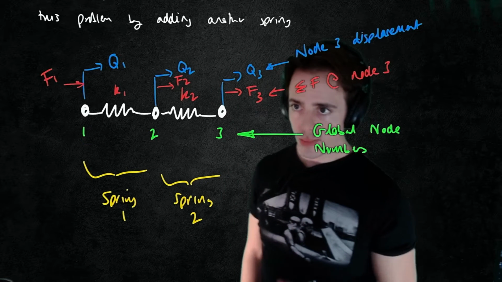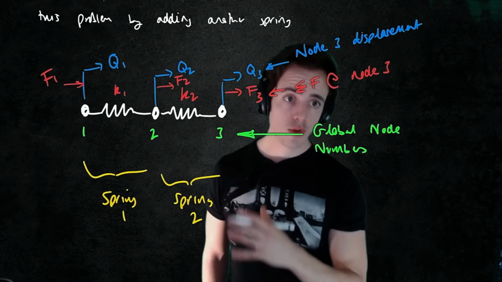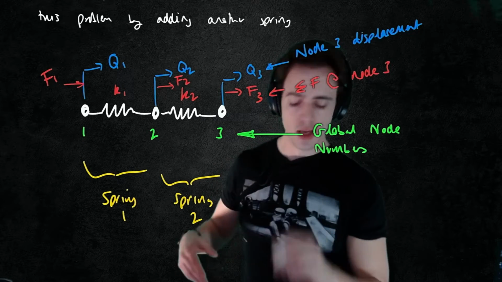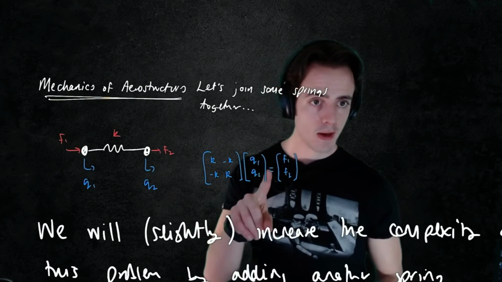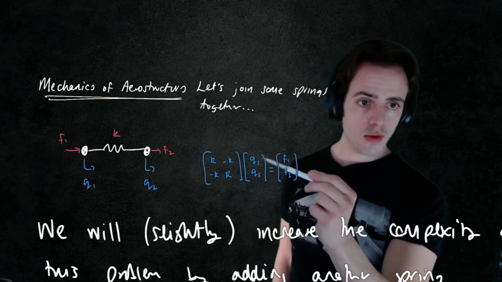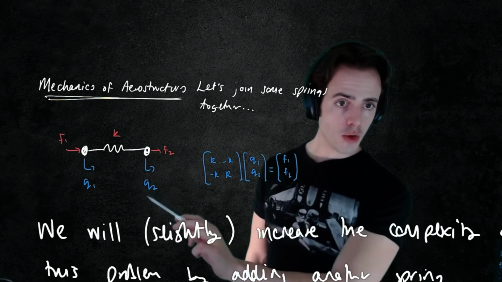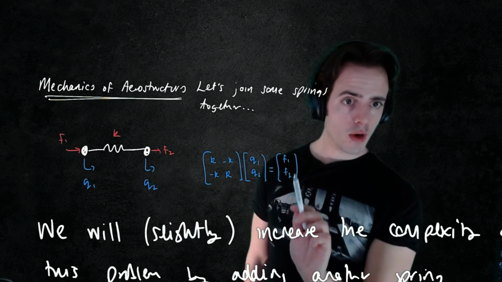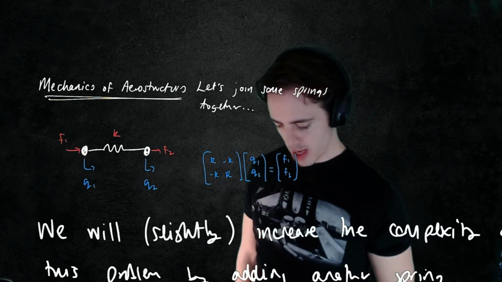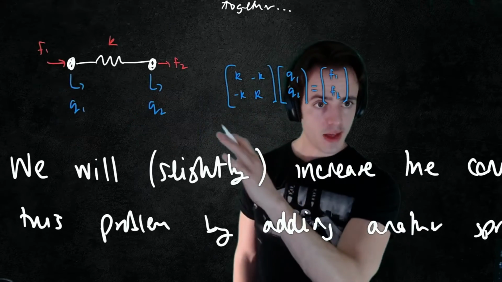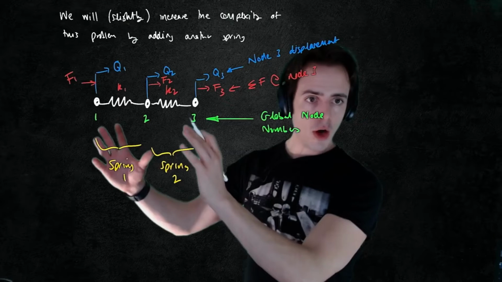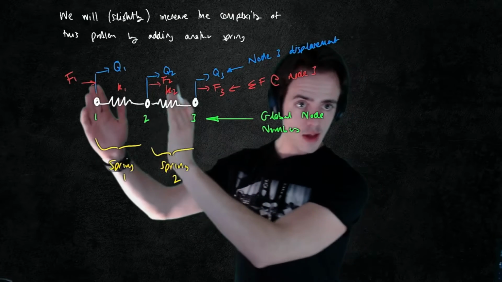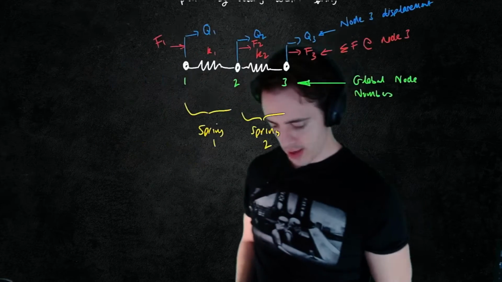Okay, so for the system that we had previously, we had just a single spring and we had this sort of matrix here. This was local Q1, local Q2, force 1, force 2 on this spring. We had lowercase letters because these were just the local forces. Now that relationship still holds true for this spring and this spring separately.